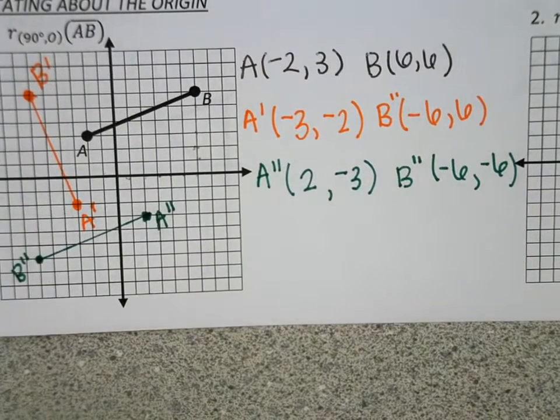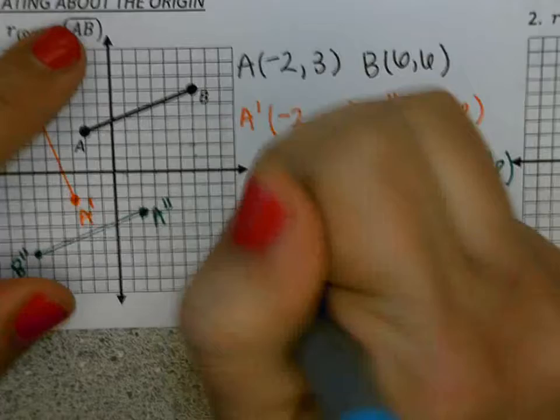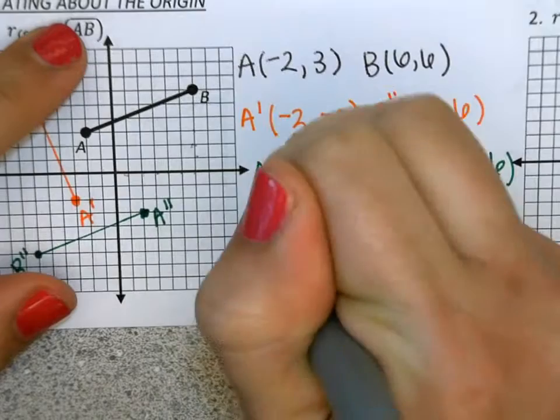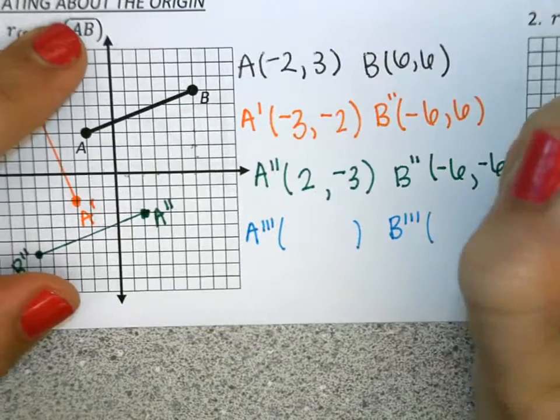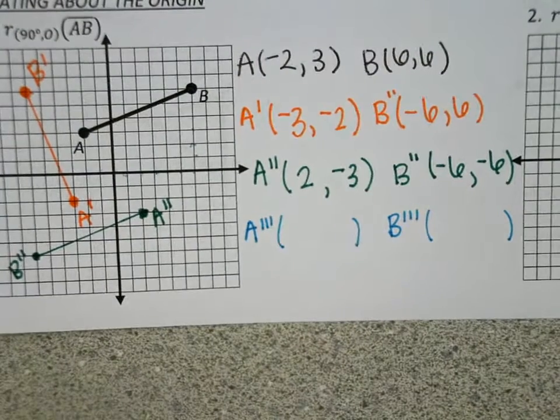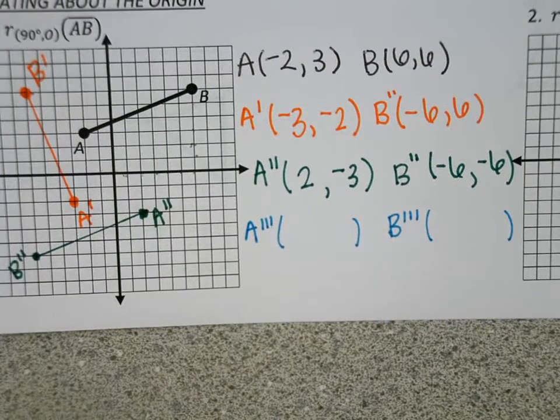Okay. So here's what I want you to do. Find A and B triple prime for me without using your patty paper, using the pattern that we just noticed. So it will be 3, 3, 2. And then use your patty paper to confirm it.